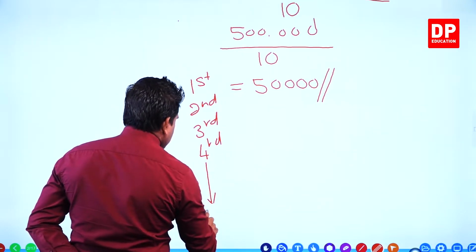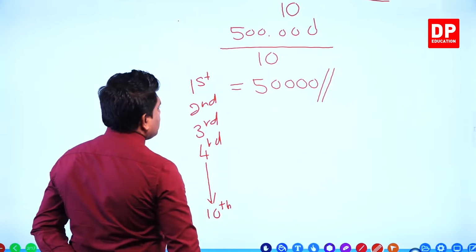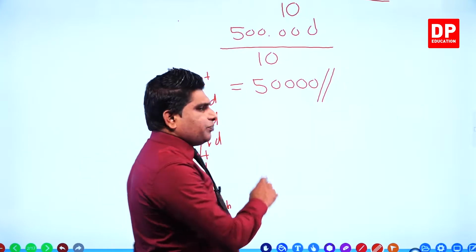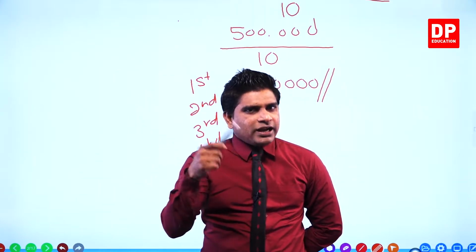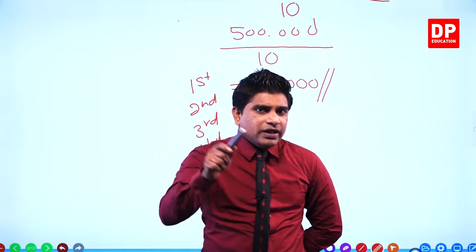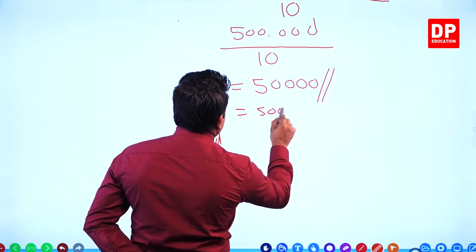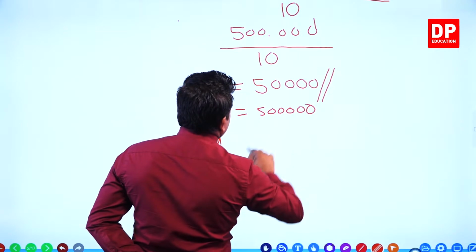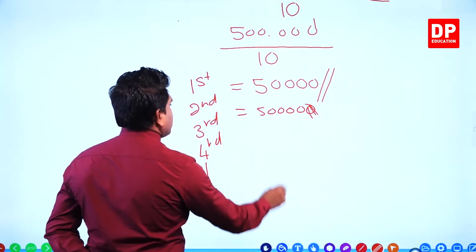Like that for how many years? 10 years. You can calculate depreciation because the lifetime is 10 years, so you can use it for 10 years. Every year they allocate depreciation of 50,000.